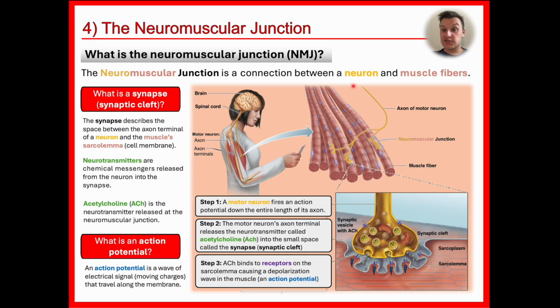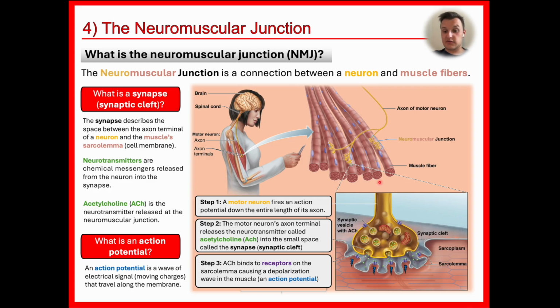Technically, an action potential, this electrical signal wave, comes down the axon and reaches the terminals over here, and then you see these chemicals get released. The chemicals bind to the receptors and they cause an action potential on the other side, on the muscle side, right? So all this to say, the neuromuscular junction is the junction between the neuron and the muscle.